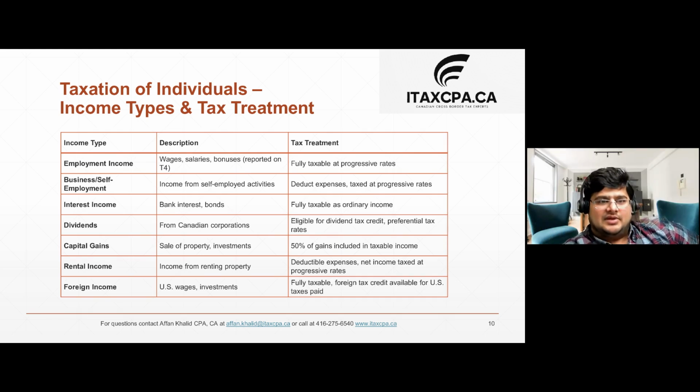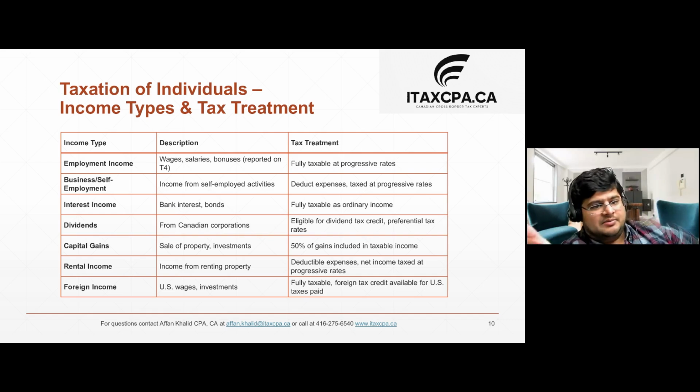Interest income is different. This can include your bank interest, and interest on bonds or mortgage interest and so on. The issuer is supposed to issue a T5 slip. Again, I don't know what slip will be equivalent in the US, but a T5 or T3 slip is issued when the payer corporation or financial institution is paying interest to the Canadian taxpayers.